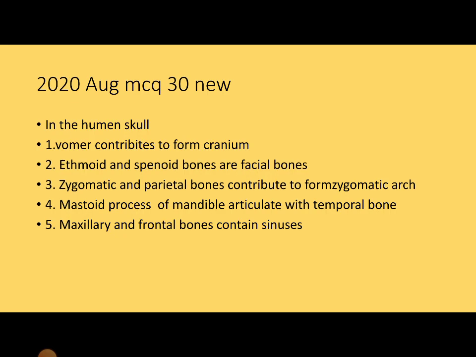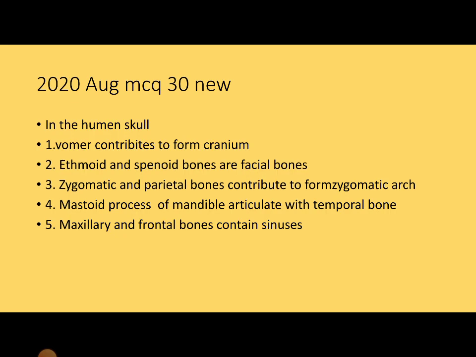It is false because ethmoid and sphenoid bones are cranial bones. Then, the zygomatic and parietal bones contribute to form the zygomatic arch. It is false because the zygomatic arch is formed by the zygomatic bone and temporal bone, not the parietal bone.